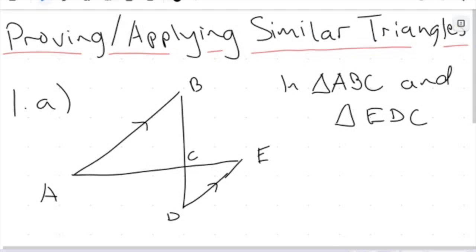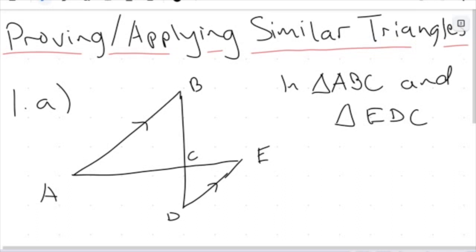we now want, after we've introduced these two, to give reasons for similarity. These can be corresponding angles that are equal or sides that are to a similar scale. But we see here that we haven't been given any side lengths, so we immediately want to look for some angles that we can say are the same. It's not immediately obvious, but we can use some things we've learned previously from angle geometry.